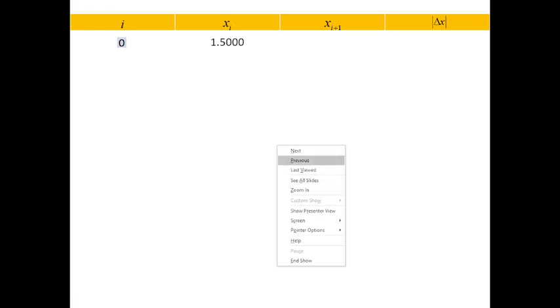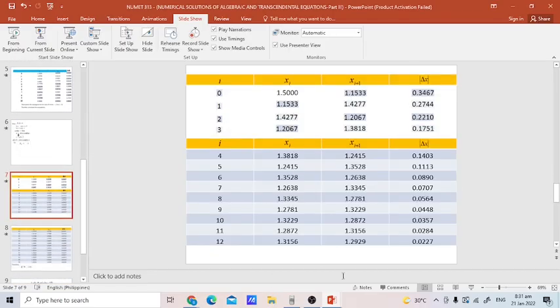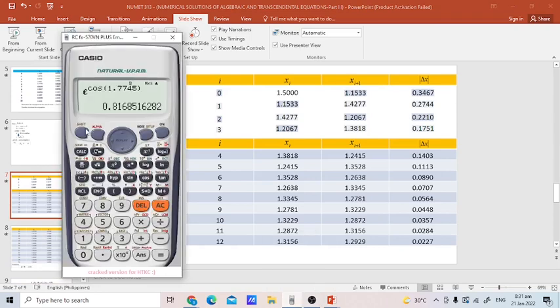ARC, shift cosine, arc cosine, ln, ln 1.5. x sub 0 yan, no? ln 1.5. Check nga natin.